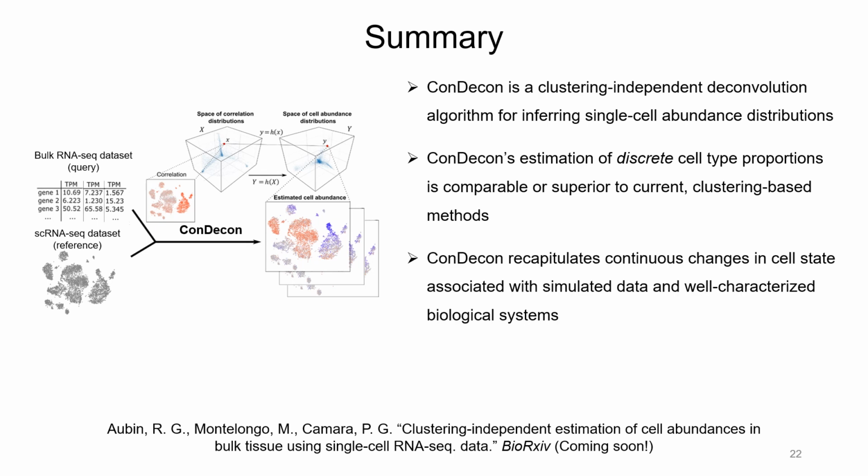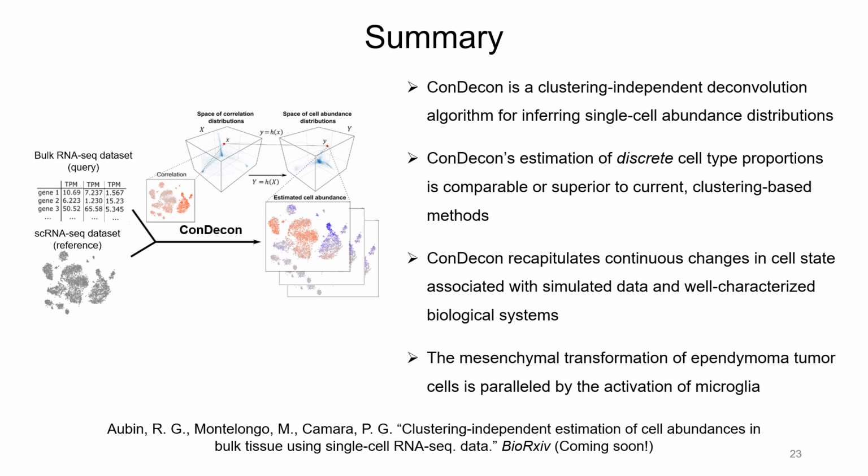In addition, ConDecon is able to recapitulate continuous changes in cell state associated with simulated data and well-characterized biological systems. Finally, we use ConDecon to look at the relationship between the mesenchymal transformation of ependymoma tumor cells and the activation of microglia. Taken together, our results demonstrate that an unsupervised, clustering-independent approach, like ConDecon, can elucidate previously undetected cellular processes in bulk tissue.